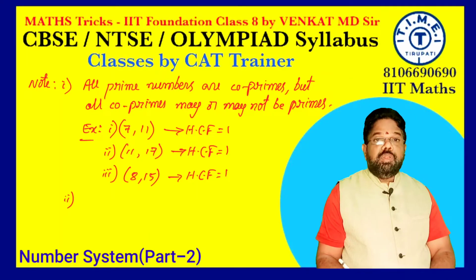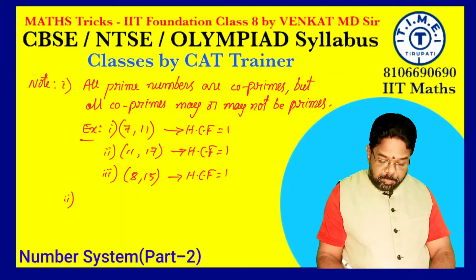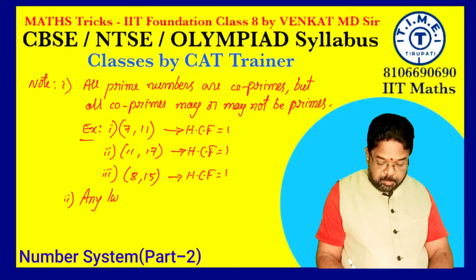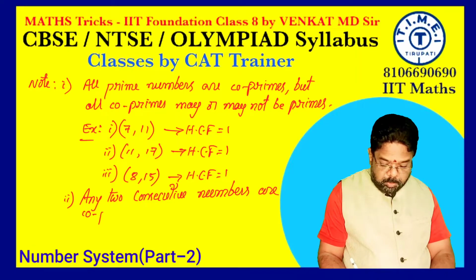Any two consecutive numbers are co-primes to each other.